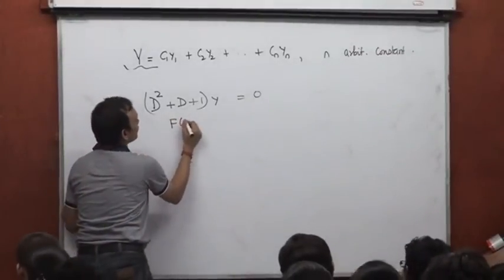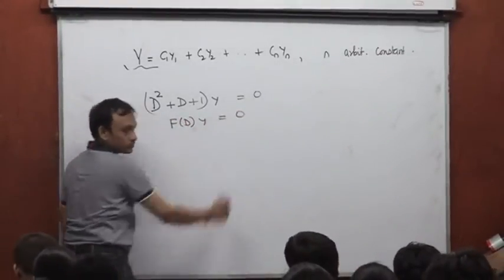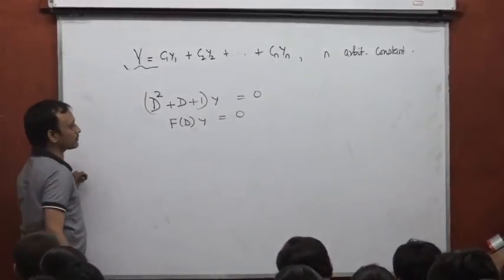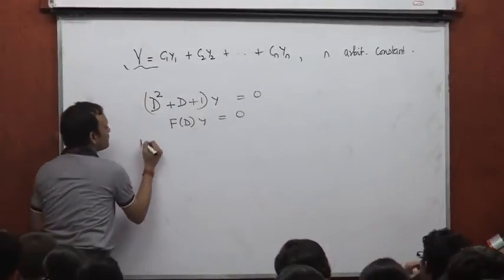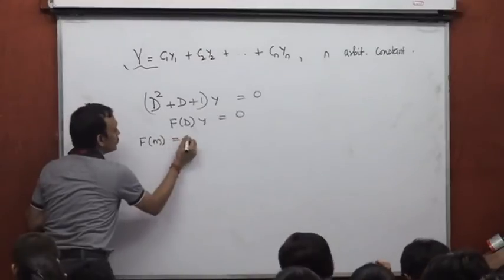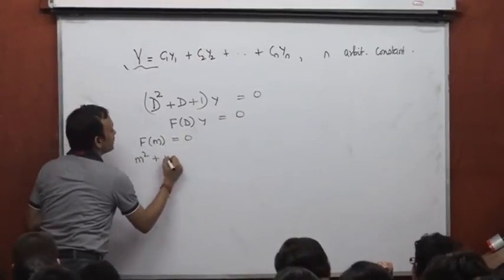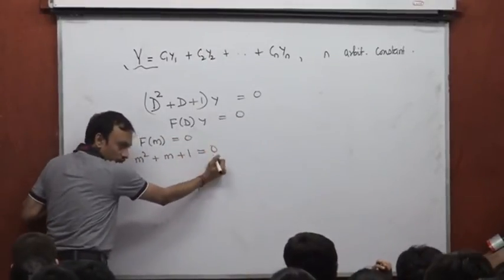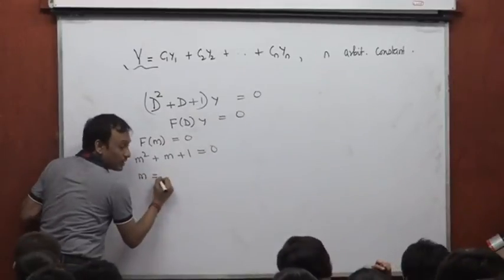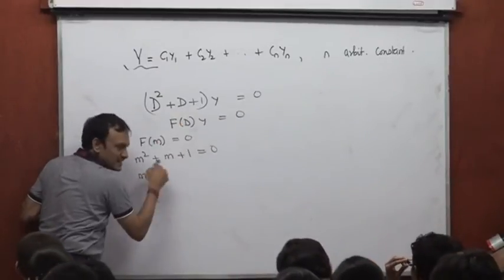That is F(D) acting on y equal to 0. Now, what is F(m) equal to 0? F(m) equal to 0 would be m squared plus m plus 1 equal to 0. Then the two values of m would be complex here because the discriminant is less than 0.